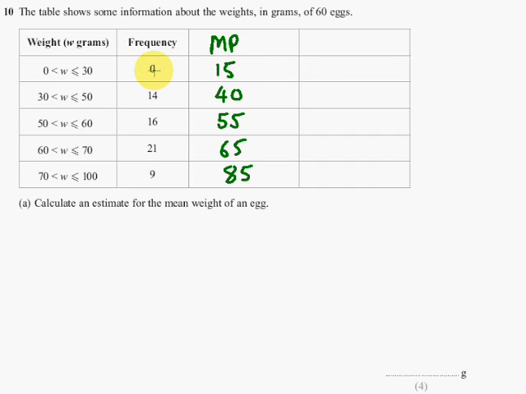Okay, so there's 0 eggs, and we're assuming they're all 15 grams.